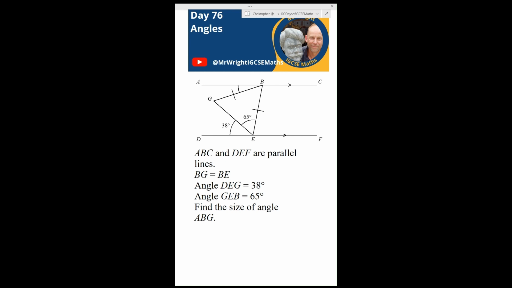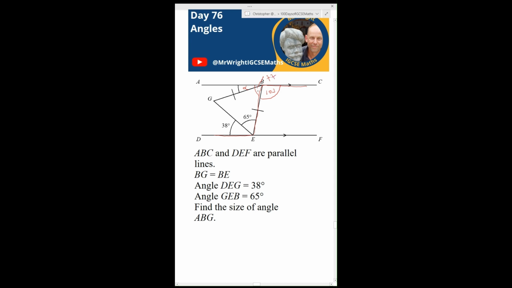All right, I need to find the size of this angle alpha here. Looking at this diagram, I've got a backwards z here. So 38 plus 65, 103, is the same as this angle. Those are alternate angles, which means that the whole of this angle here is 77 because they're 180 on a straight line.